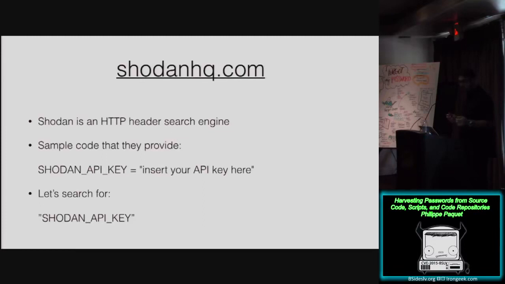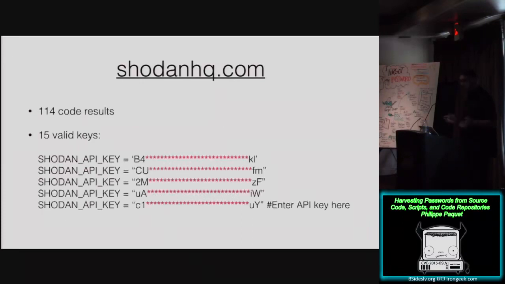Their sample code has a keyword, Shodan API key. So let's search for that. We only find 114 results, but we still find 15 valid keys. So the results for a tool geared towards the security community are about the same as something very sensitive geared towards the general public. One anecdote is that if you search for that keyword, you're also going to find the hacking team Shodan key because their source code was leaked and put on GitHub.